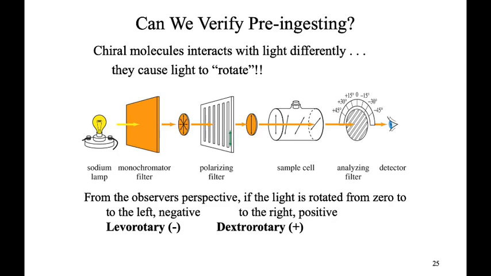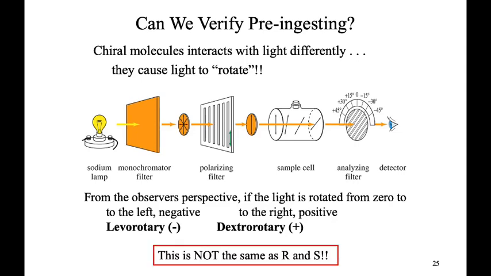This is not the cleanest section of material. But that's how it associates, right? So the big thing that comes out of this is not the same as R and S. This is not the same as capital D and capital L. But these things here are the same as minus and plus, or you can call them lowercase l and lowercase d. Why do we have to call them lowercase l and lowercase d?